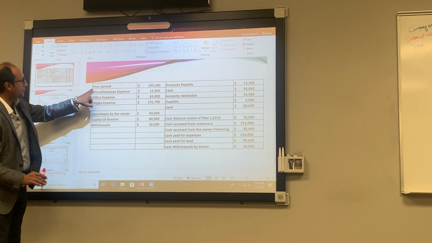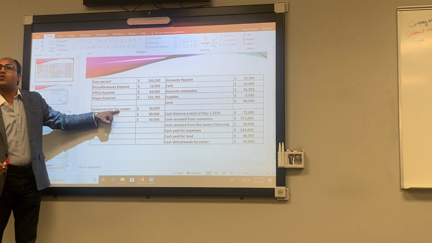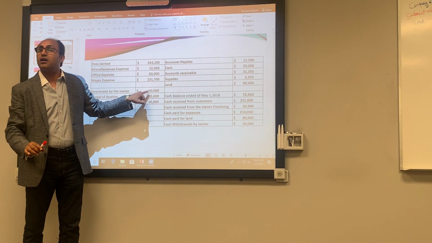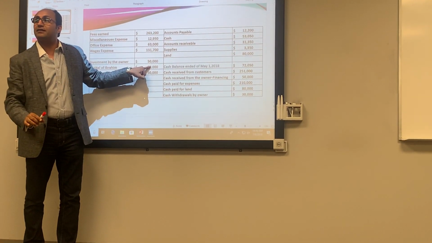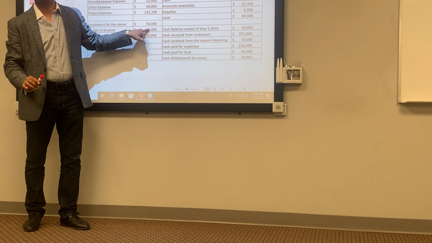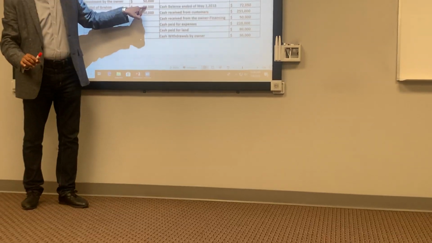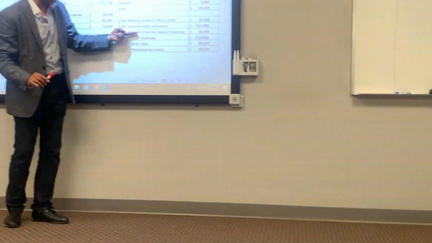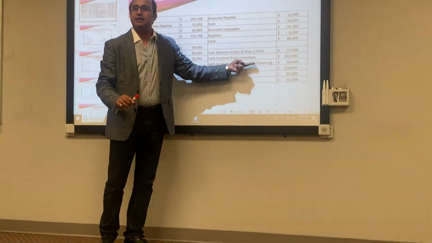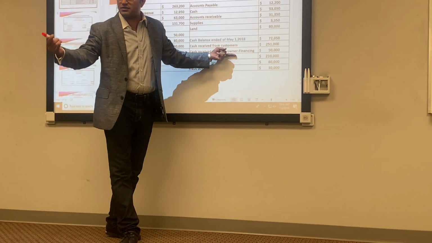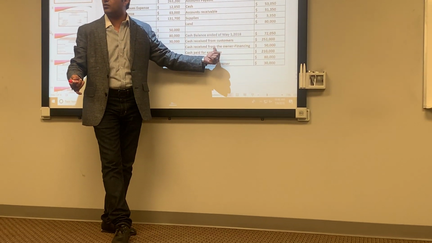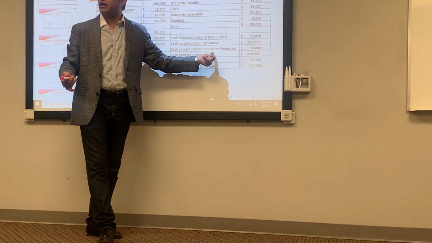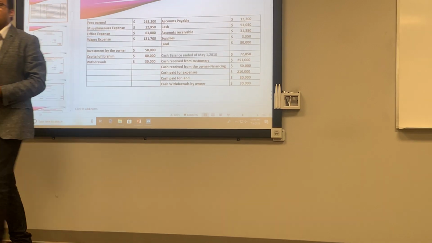Investment by owner, $50,000. This reflects investment for the owner equity section. Here I give you cash receipts from the owner. That means I gave you the answer from this table to prepare cash flow. This will be put in financing activities.